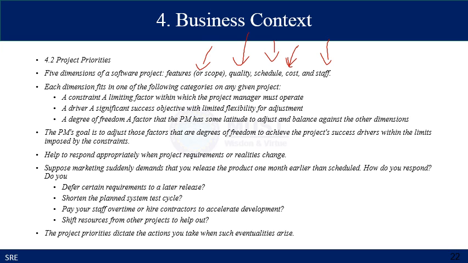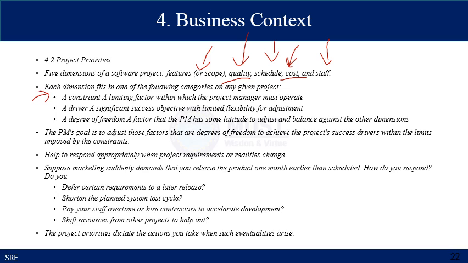The priorities can have a constraint, which is a limiting factor within which the project manager must operate. For example, you have set a constraint on the quality attributes or cost, and the project manager has to operate within the specified cost and quality attributes.